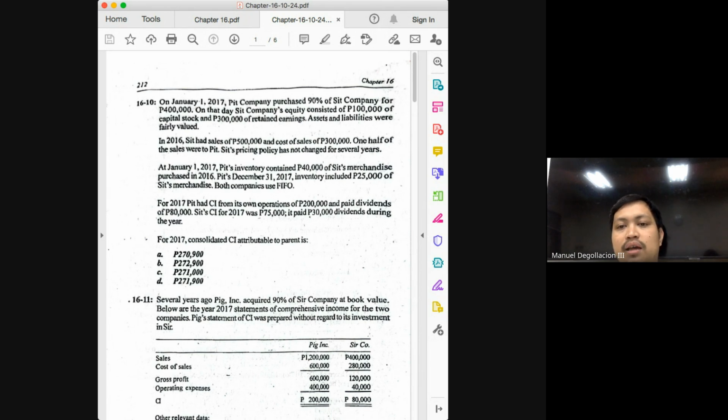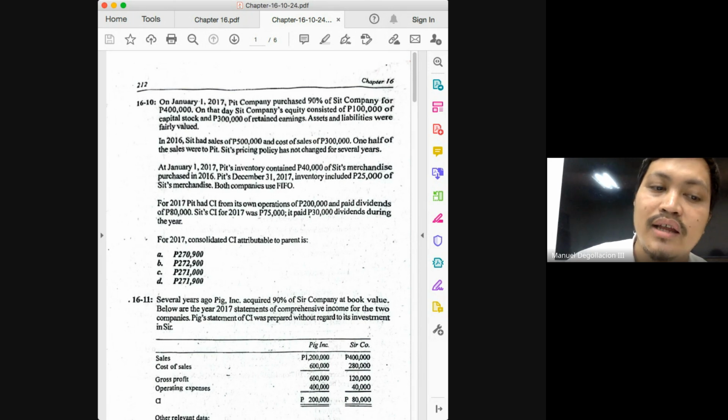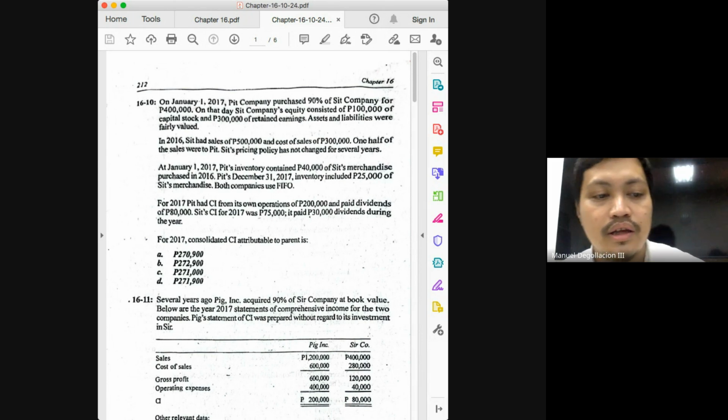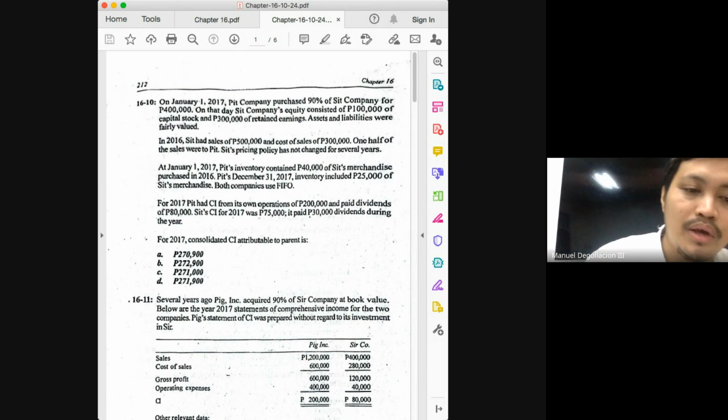So, how much is the NCI here? 10%. Okay, because the controlling interest is 90. So, to what do we multiply the 10%? 81. I hope you appreciate the importance of getting the adjusted income correctly, because again, that would be the basis of the share of the NCI. If you get the share of the NCI wrong, then the income attributable to the parent will also be wrong.